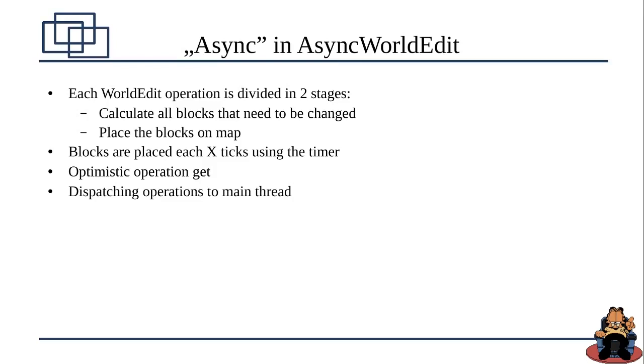AsyncWorldEdit automatically captures this operation and divides it into two stages. In stage one, after the operation is started and the set command is running on the main thread, AsyncWorldEdit captures all the data relevant to the command and immediately kills that command.